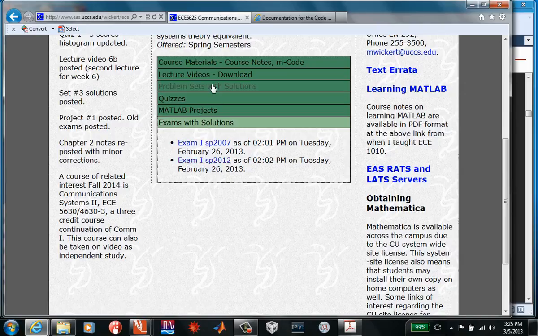Did you say that one of them was likely going to be more similar in content to what we had this year? Yeah, but I don't know which. 2007 was more focused on Chapter 2, and a tiny bit of Chapter 3. And last year's had heavier content from Chapter 3. But that was because I think we started earlier last year or something.